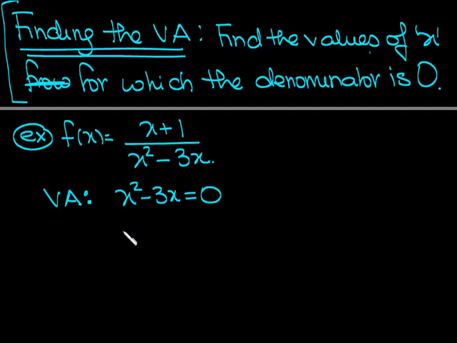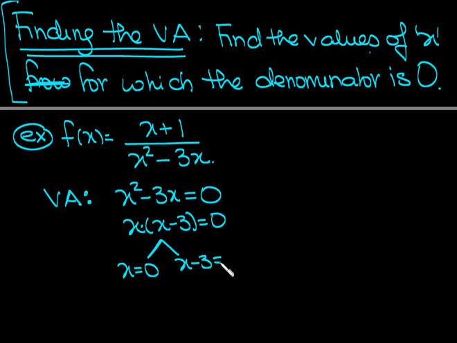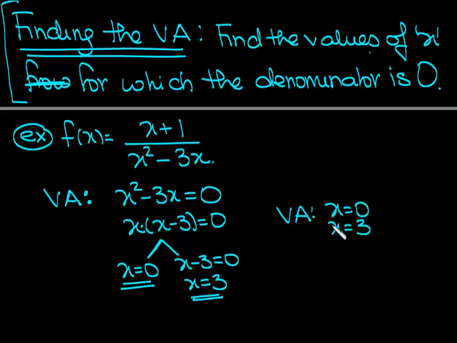It's degree 2, so I can solve by factoring or by quadratic formula. So I'll solve by factoring, take out an x, you get x times x minus 3 is 0. This product is 0, so one of them has to be 0, so you get x is equal to 0 and x minus 3 is 0. So we get x is equal to 3. So my vertical asymptotes are these two lines. So in this case, the vertical asymptotes are x is equal to 0 and x is equal to 3.